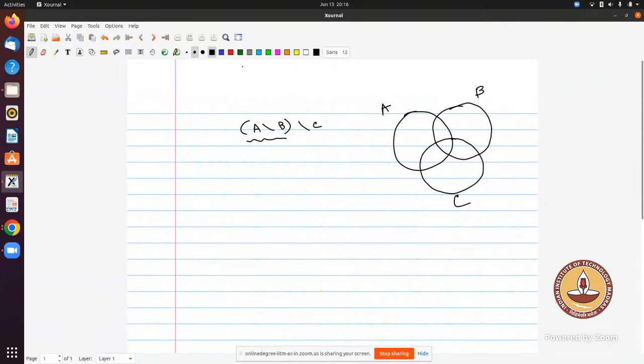A minus B is basically this region, only A. This is our A minus B. Now, those elements which are inside A minus B but not in C, so I have to eliminate this portion. So this is my A minus B minus C, only the red portion. Is it clear? Yes, understood, sir.